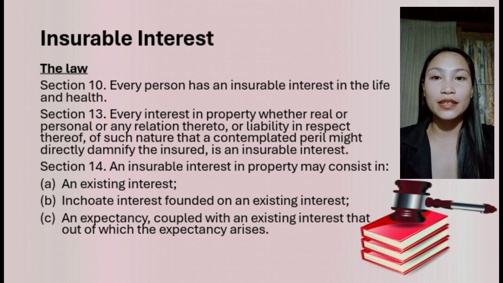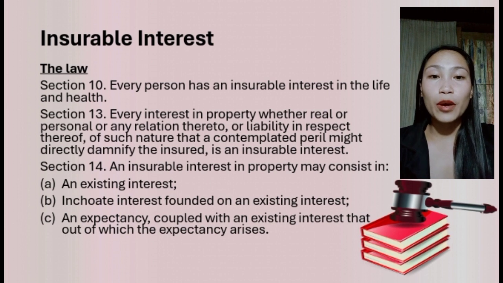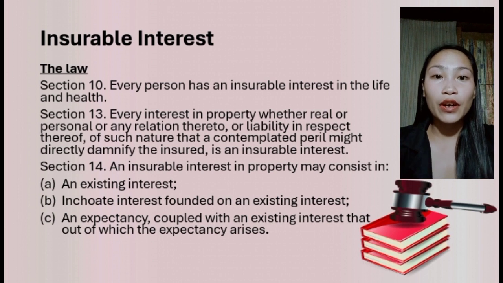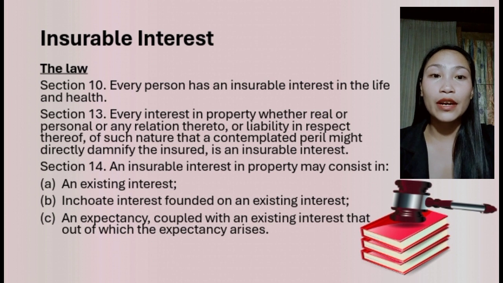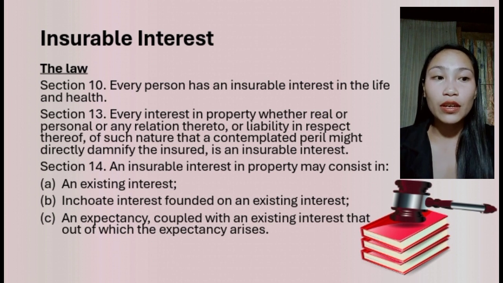Insurable interests. The law, Section 10: Every person has an insurable interest in the life and health. Then Section 13: Every interest in property, whether real or personal, or any relation thereto, or liability in respect thereof, of such nature that a contemplated peril might directly indemnify the insured, is an insurable interest.